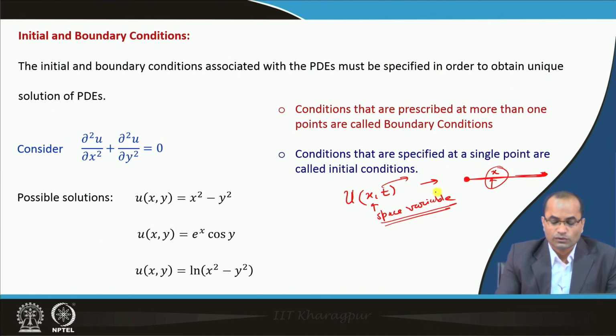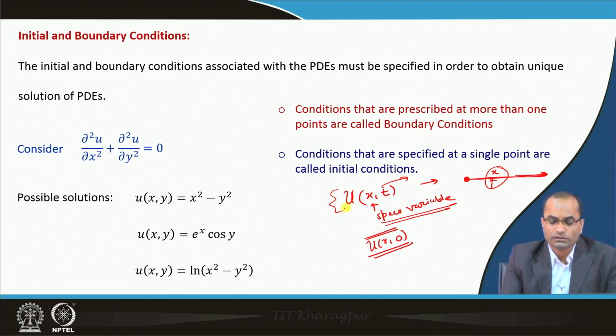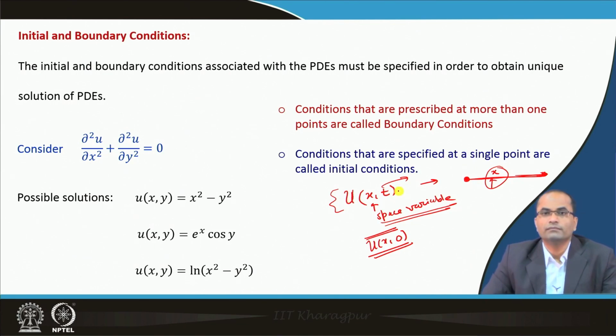So, there are two types of conditions prescribed here: initial and boundary conditions. The initial conditions mean that, with respect to time, u must be prescribed at 0. In many cases, when the variable appears in a second order derivative with respect to time, we have to have two conditions initially: one will be u(x, 0), and another will be the derivative condition, again at t equal to 0.